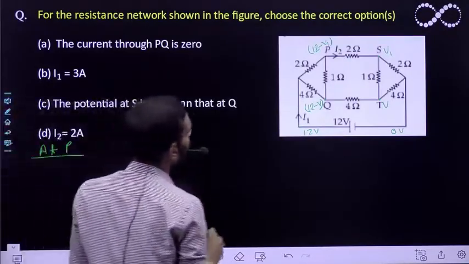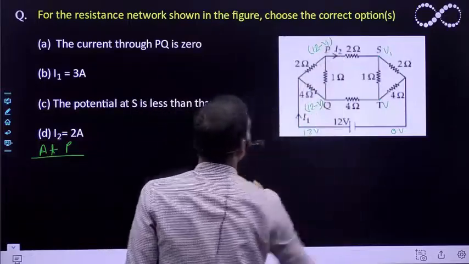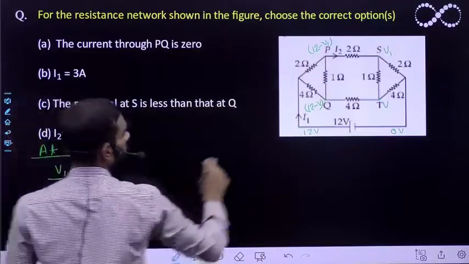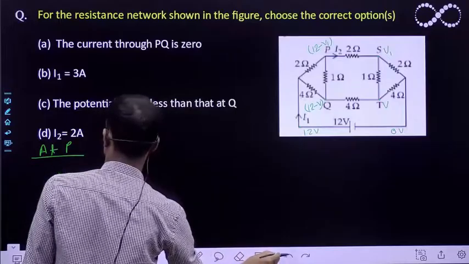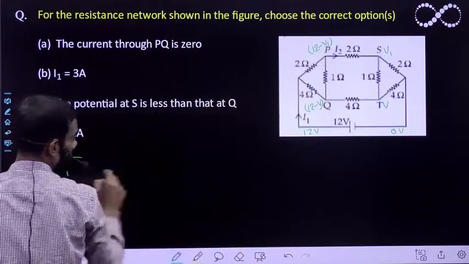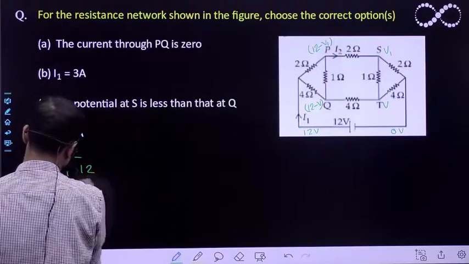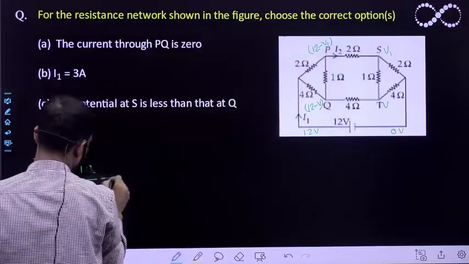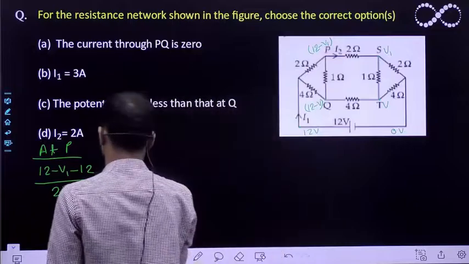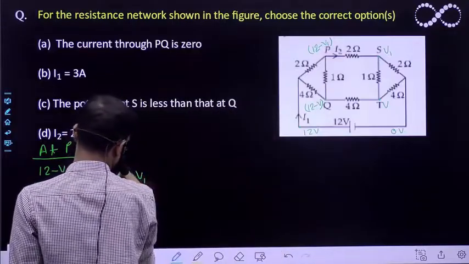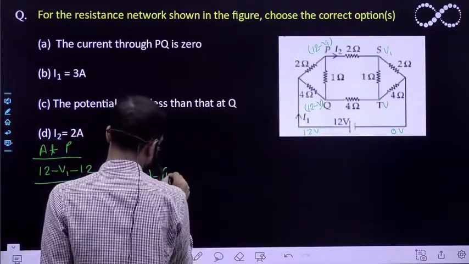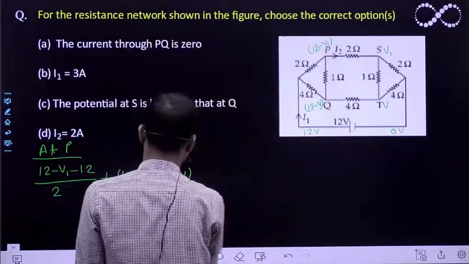At P, what is the outgoing current in this direction? The potential difference is V1, so this will become V1 upon 2. Then the outgoing current in this one is 12 minus V1 minus (12 minus V) divided by 1.